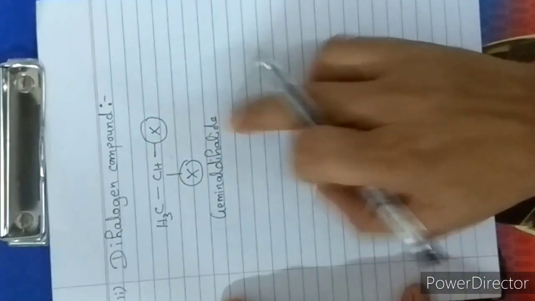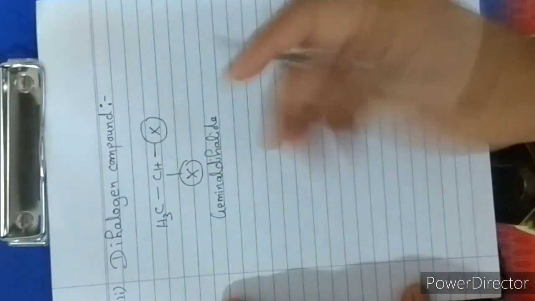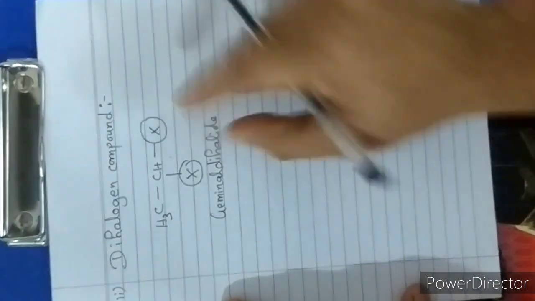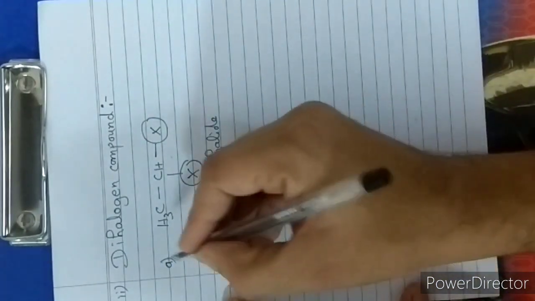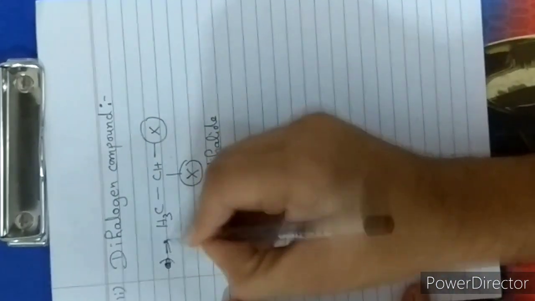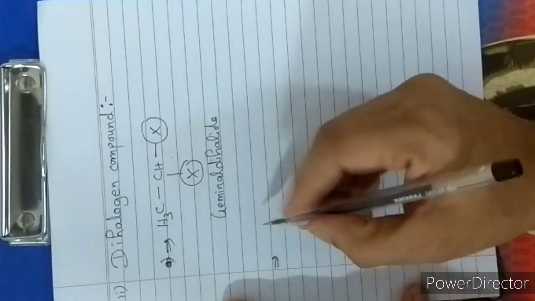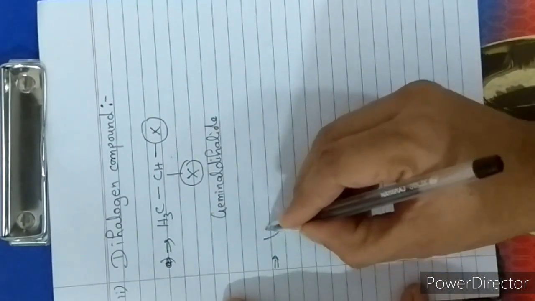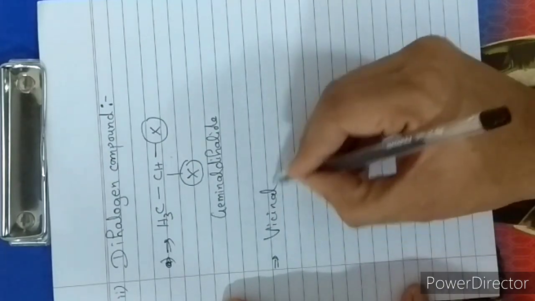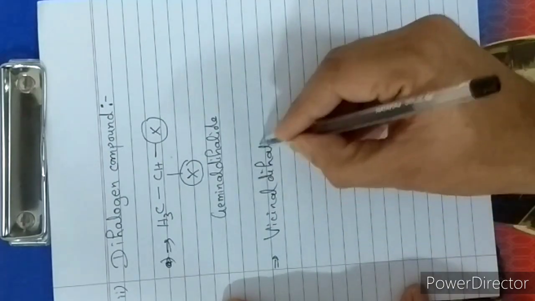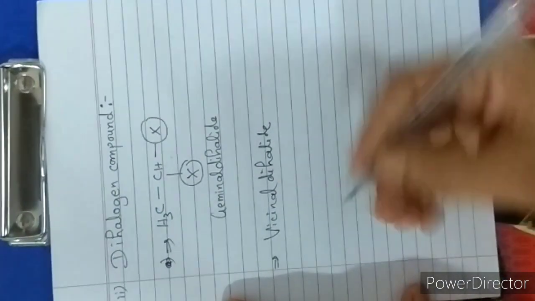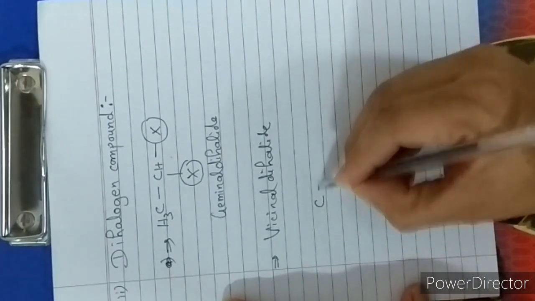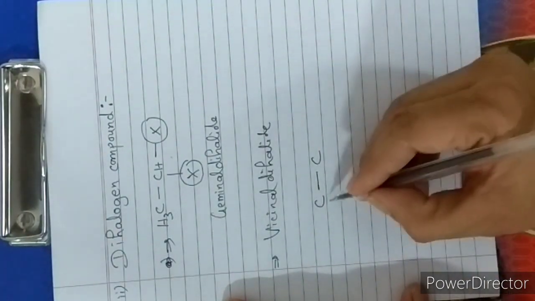It is geminal dihalide. Dihalogen can be of two types, where in the first case both the halogens are attached to the same carbon, and this is the second case, where it is called vicinal dihalide. Okay, how vicinal? Let's understand. Right here carbon and carbon, right?